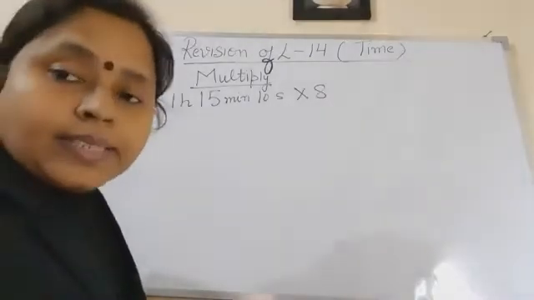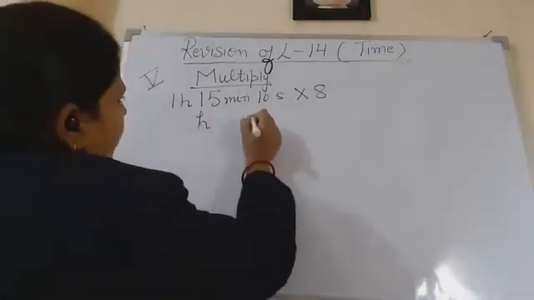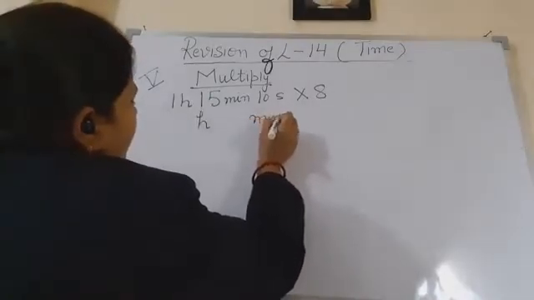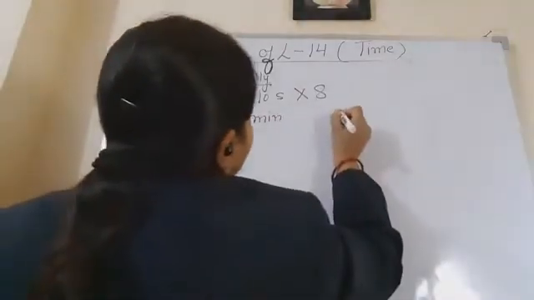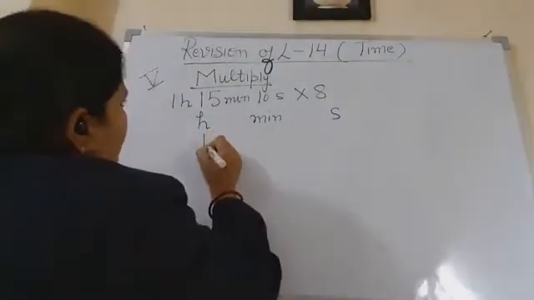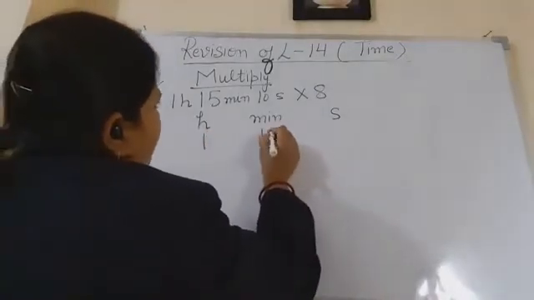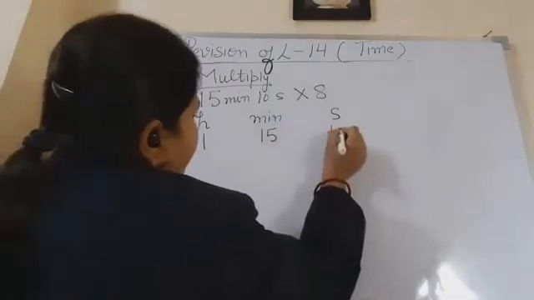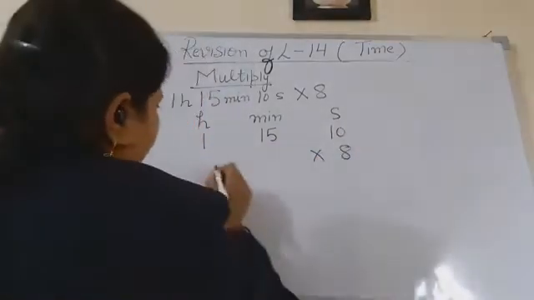So now let us see how we are going to do the multiplication. First of all, we will write the 3 columns. The first one is of hour, second one is of minute, and the third one is of seconds. And now write down the value which we have to multiply. That is 1 hour 15 minutes 10 seconds, and we have to multiply these by 8.